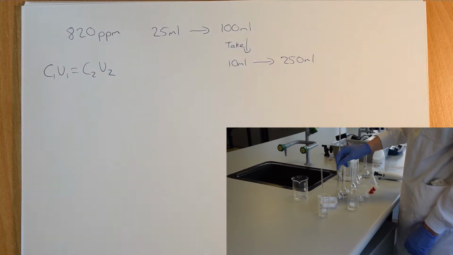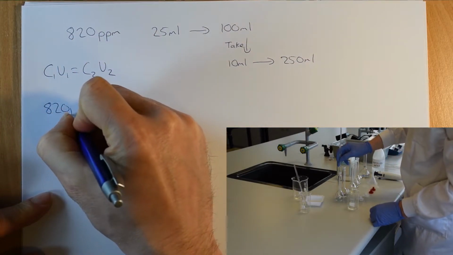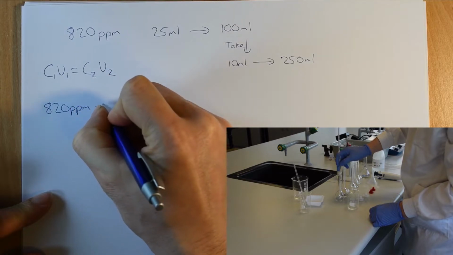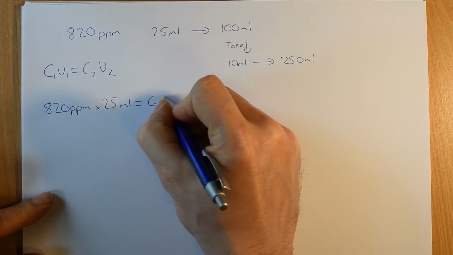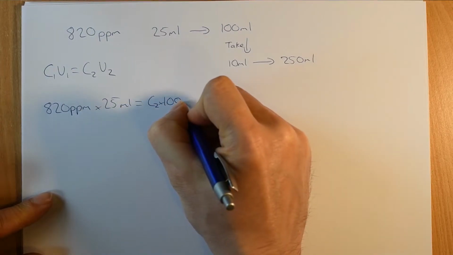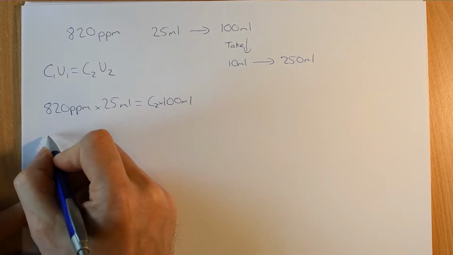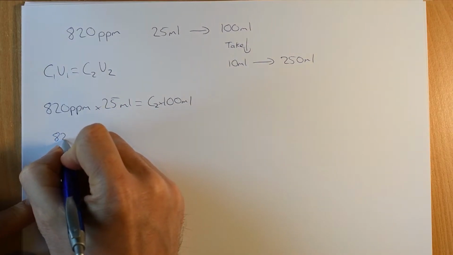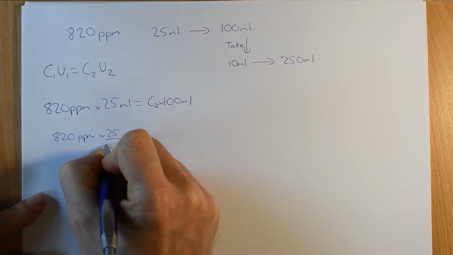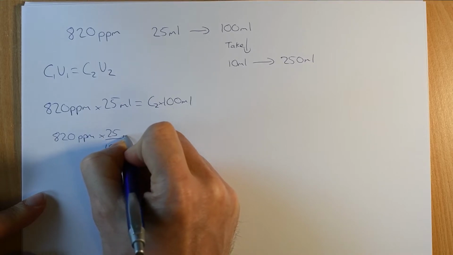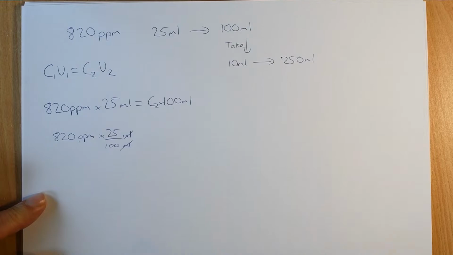For the first one, our initial concentration is 820 ppm multiplied by 25 milliliters, which is equal to our new concentration multiplied by 100 milliliters. We can rearrange this to get 820 ppm times 25 over 100, and the milliliters cancel out, so as long as these units are the same, that's okay.